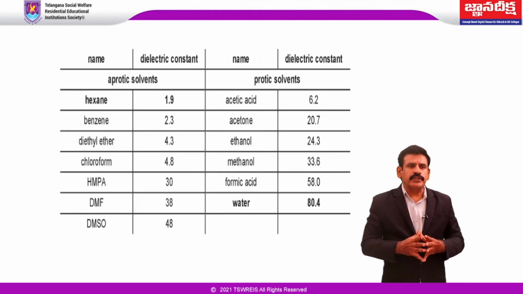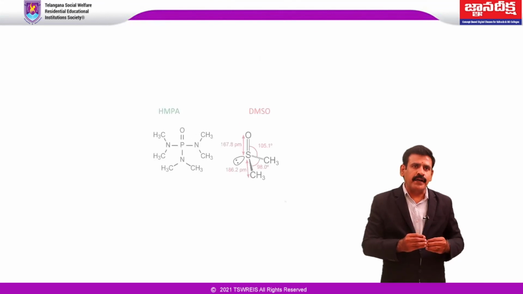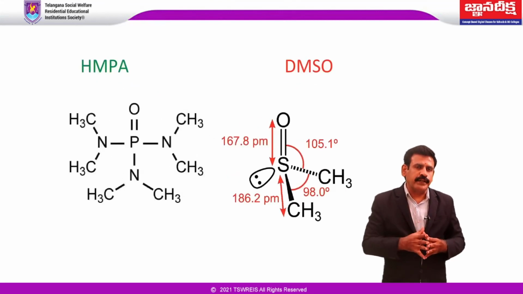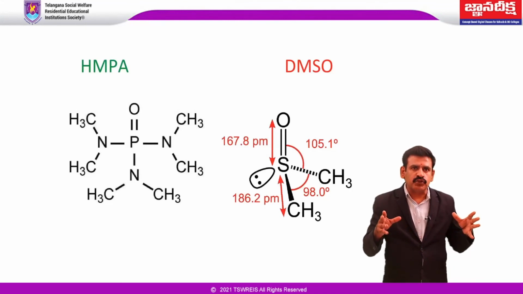These are the structures of the solvents. Hexamethyl phosphoramide and dimethyl sulfoxide are polar aprotic solvents. This is the structure of dimethyl formamide.